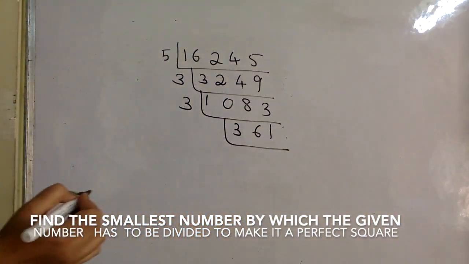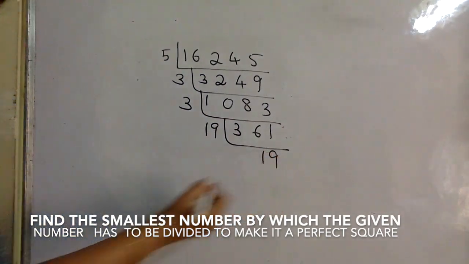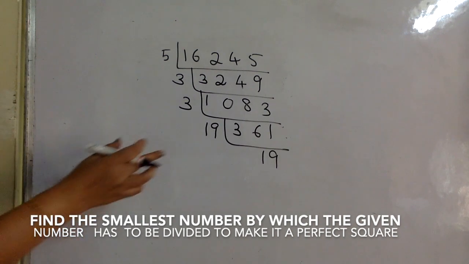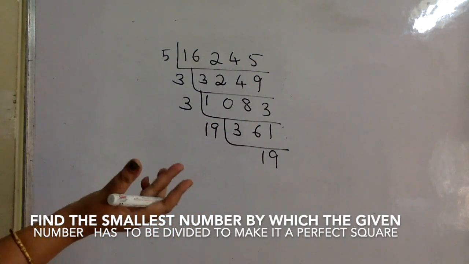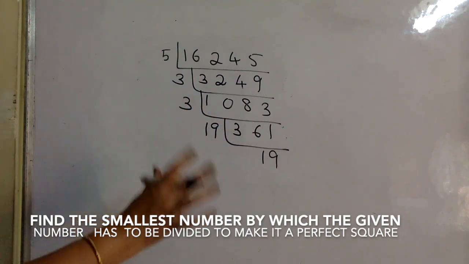Now 361 we know is the square of 19. So 19 is the square root of 361. So we have taken up 19 here. It will not go by any other factors. 19 is a prime number, it will go only by 19.